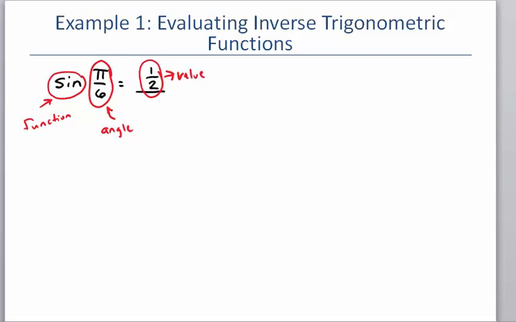Now, when our problem changes to an inverse trig function, what happens to these 3 parts is that they mix up. And instead of looking for the value, we are looking for the angle. So a normal trigonometric inverse problem might look something like this. Okay, so they're still going to give me the function.